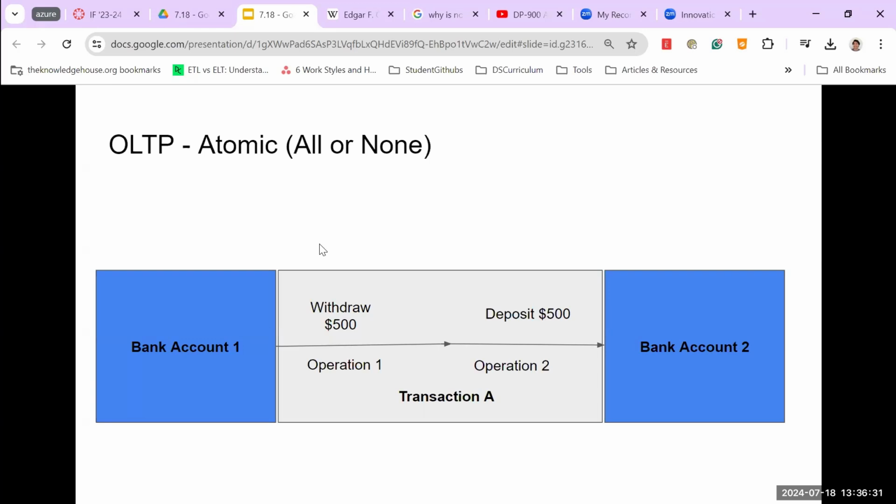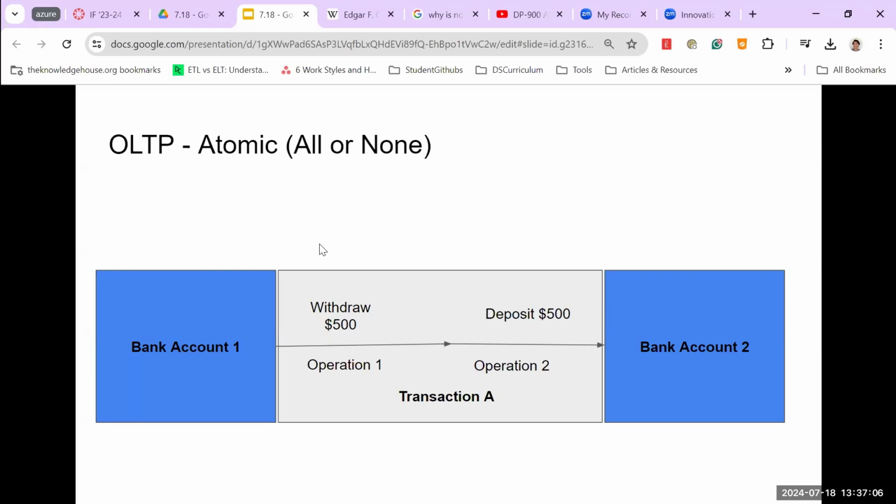But in the back end, we have a SQL query that's going to be performed. And we are going to call this SQL query transaction A. And this SQL query is in the first operation going to withdraw $500. And for the second operation, it's going to deposit that $500 into bank account 2. So it's basically doing two things, right? It's subtracting $500 from bank account 1, and it's adding $500 to bank account 2. Hopefully, this concept is nice and simple, and you're comfortable with it.